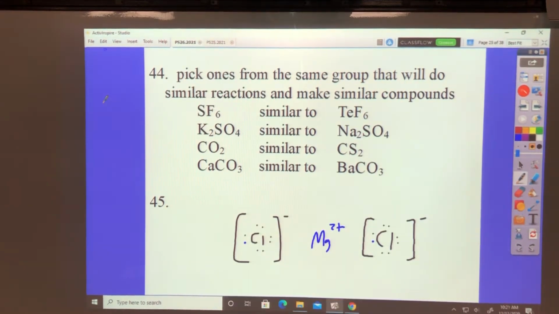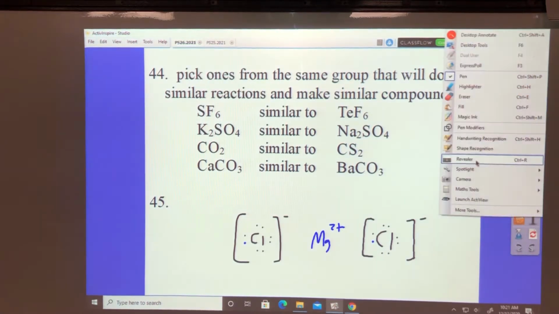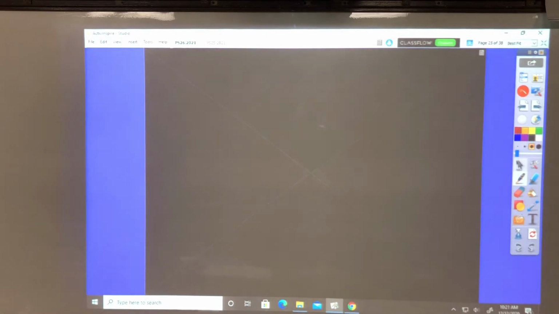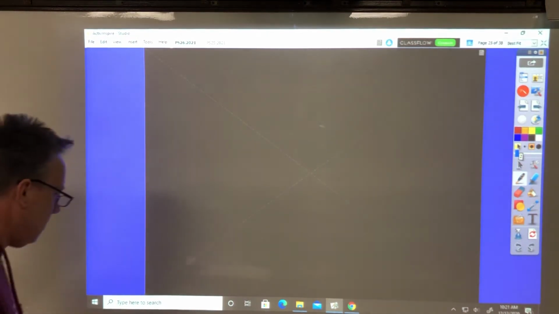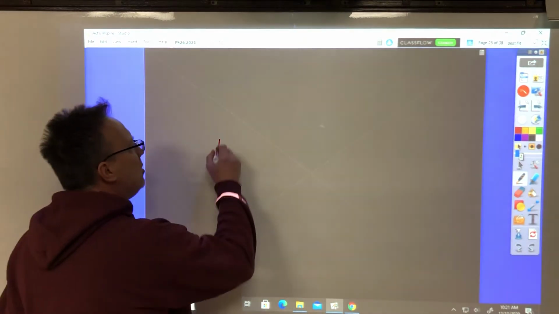Artificial diamonds are made using thallium carbonate. If thallium has an oxidation number of +1, what's the formula for the compound? Okay, so thallium is 1 plus.